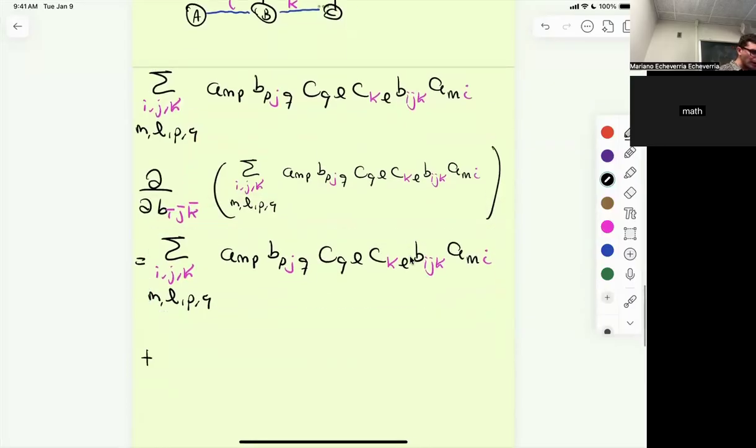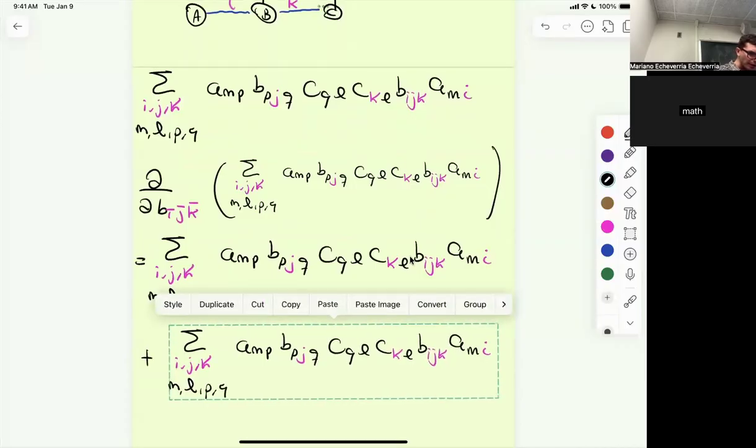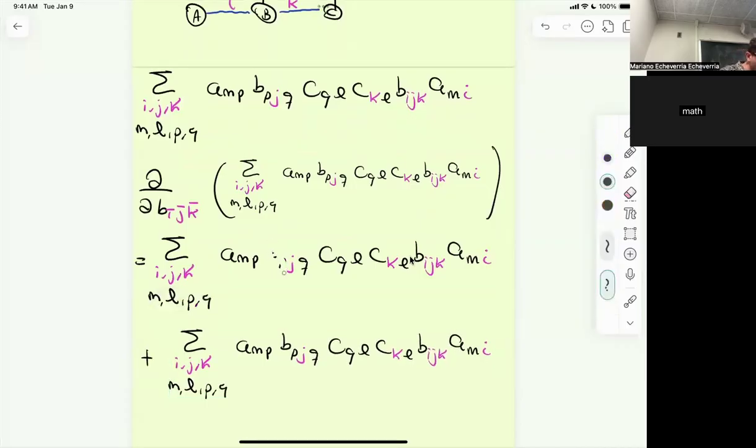Okay, let me copy paste it first so that you see what's supposed to happen, and then let me put the partial derivative. So you could have taken the partial derivative with respect to the first factor, or the first appearance of B, and then you do nothing to the second one, right?